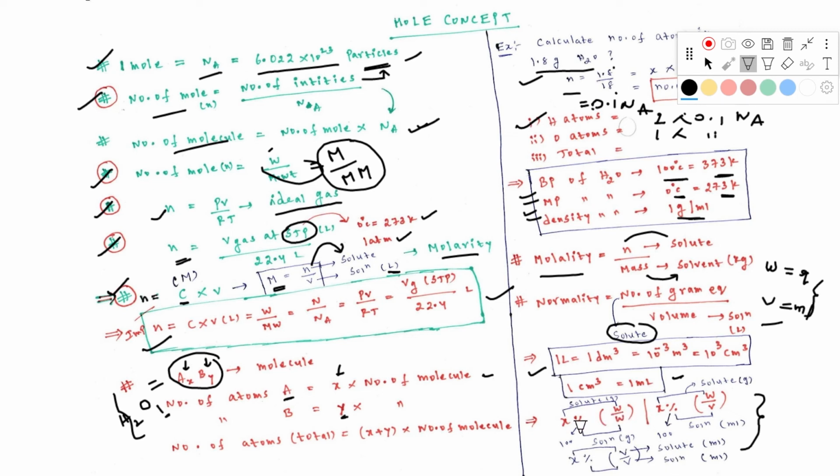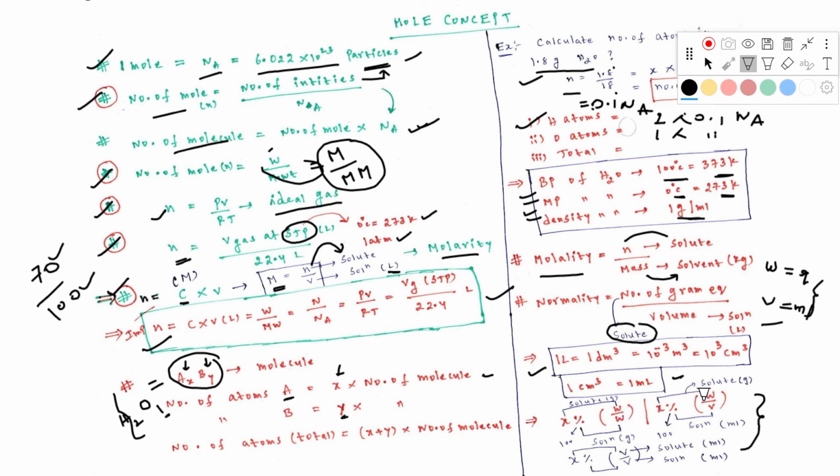How can you write this? Simple. First, suppose you have 70 marks out of 100. That means you are getting 70 marks in 100 marks of the examination. In the same way, W by W means X grams of solute in 100 grams of solution. Okay, simple.